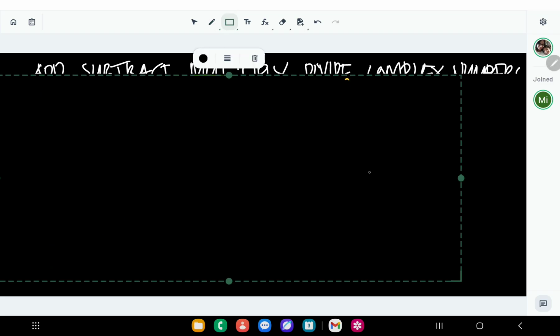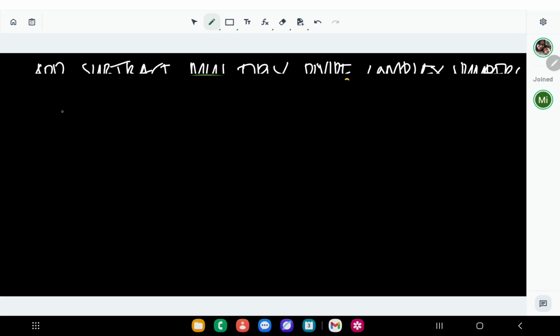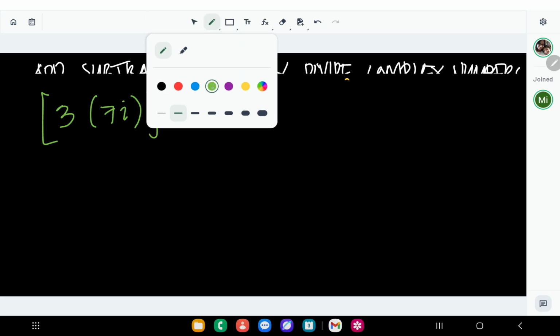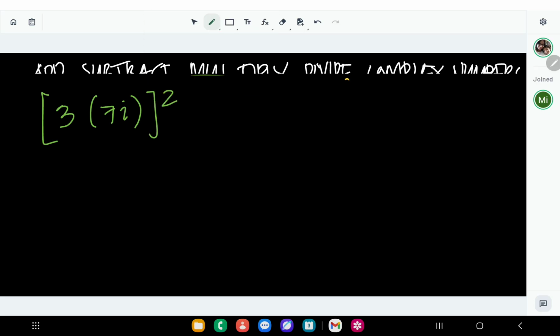So what if you're given this? 3 times 7i raised to the power of 2, or squared. So what are we going to do here? You start with the terms inside the parentheses first. So 3 times 7 is 21i.